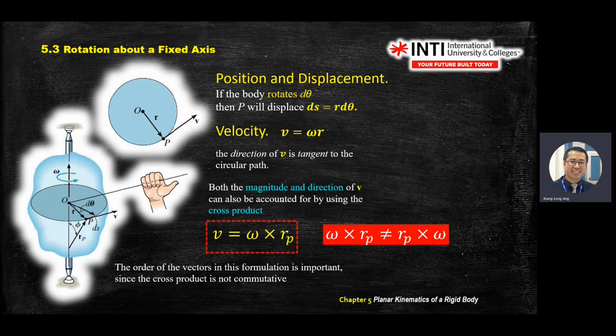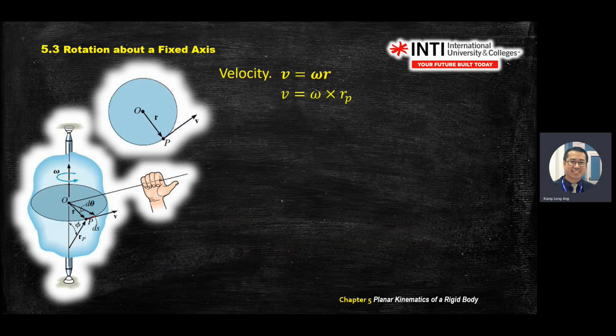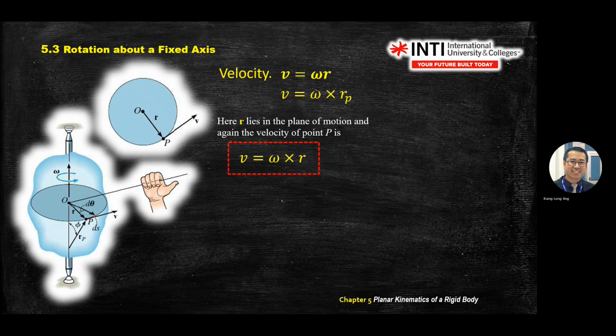I don't know whether this student understands cross product. So there are two: the one I write on the top here is to find the magnitude, and this is the vector. One is magnitude, one is vector.